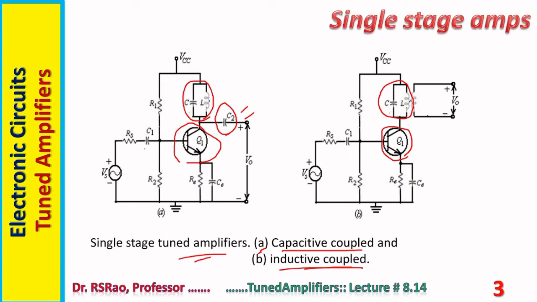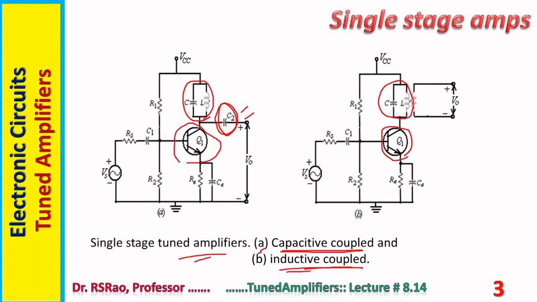R1, R2, etc. are bias resistors common to any amplifier circuit. RE is the emitter resistor, CE is the bypass capacitor. But the important point here is A is capacitive coupled, because capacitor C2 couples the output of the amplifier to the load.